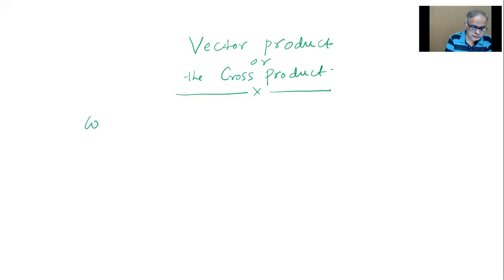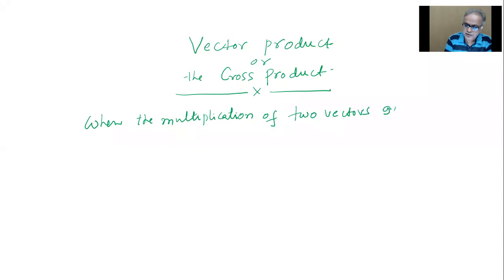When the multiplication of two vectors gives what?